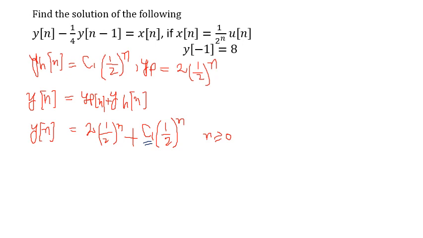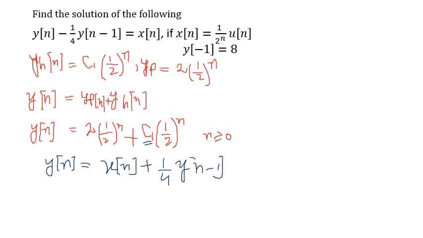So we can say that y of n, we write it in recursive format, so it will be y of n equals x of n plus 1 by 4 y of n minus 1.